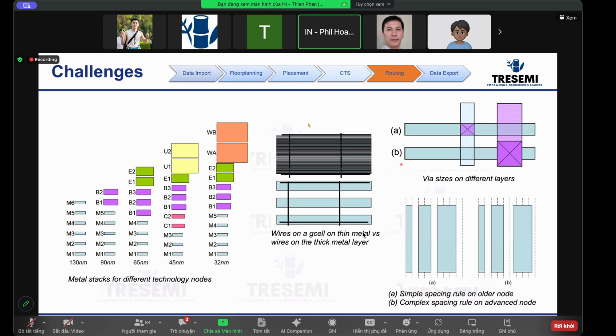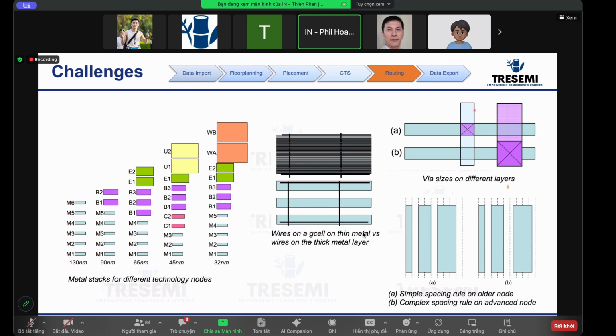And two is that because of the RC delays in smaller nodes, this is only 32, but if you look at sub 10, right? 5, 3, 2, 1, the wire delays become more and more prominent. It's a lot worse than transistor delays.